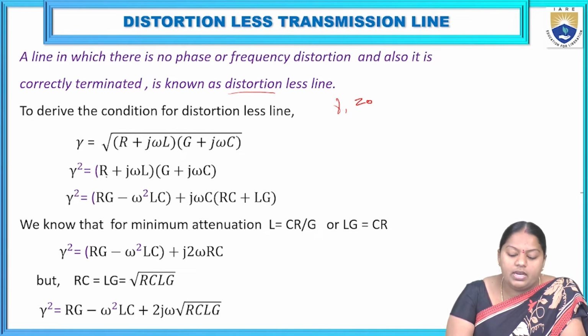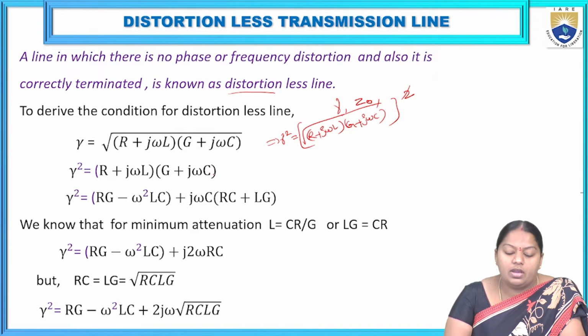Gamma square equals (R plus j omega L) into (G plus j omega C), since the square root gets cancelled, by multiplying these two.